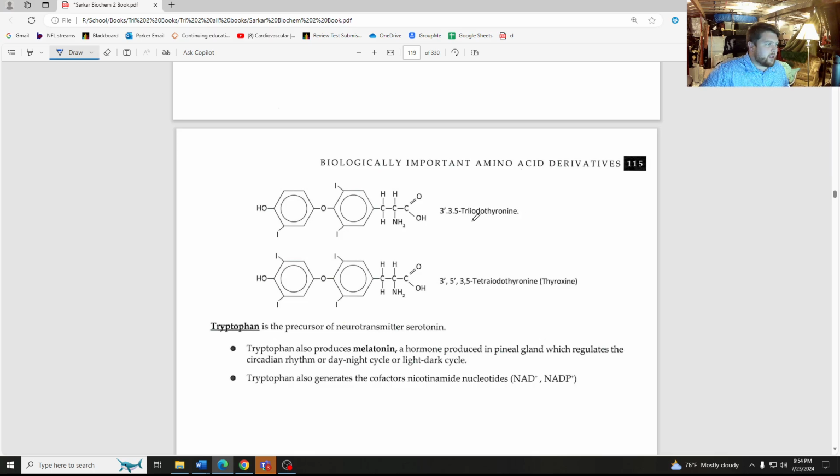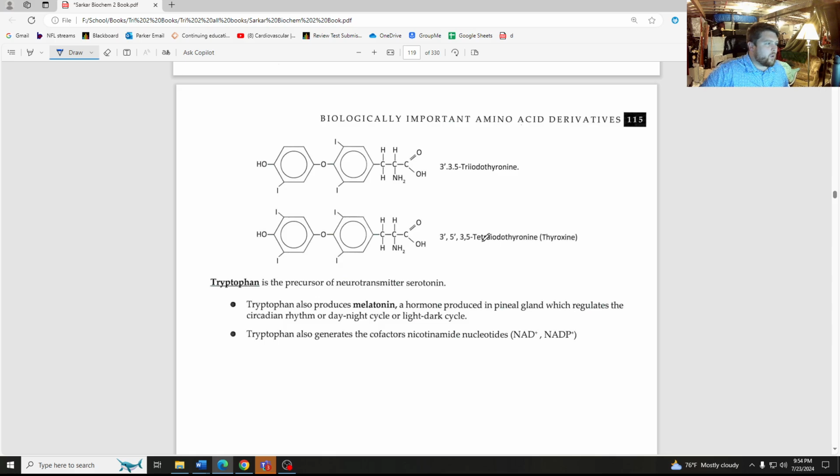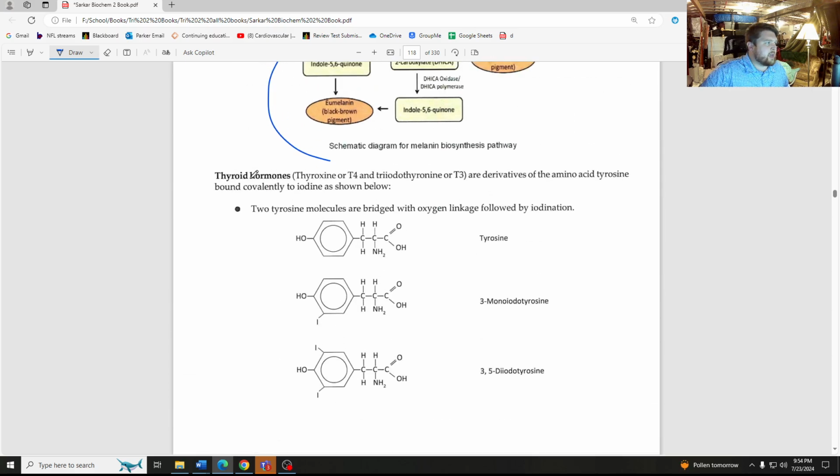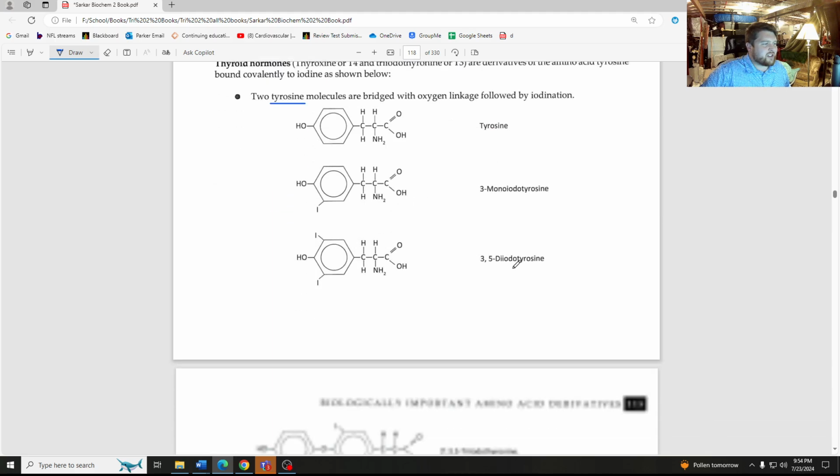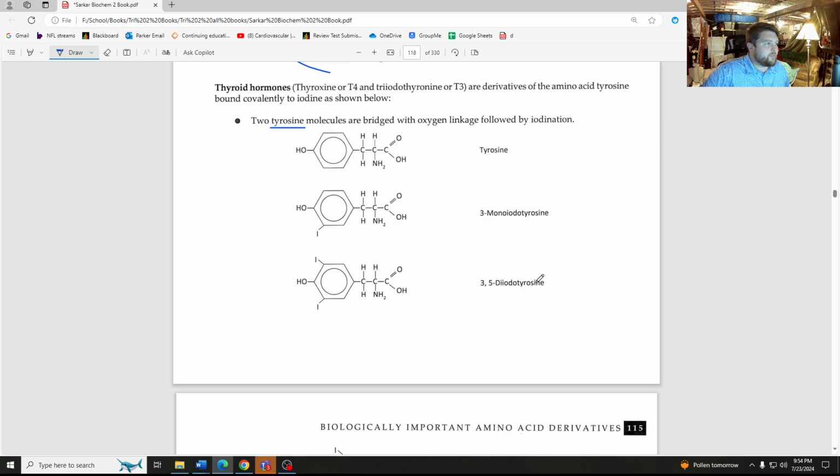Triiodothyronine has 3 iodines bound, and then 4 iodines bound is known as thyroxine. Things you'll want to remember is that the base of the thyroid hormones is tyrosine, and just how many iodines are attached to it.